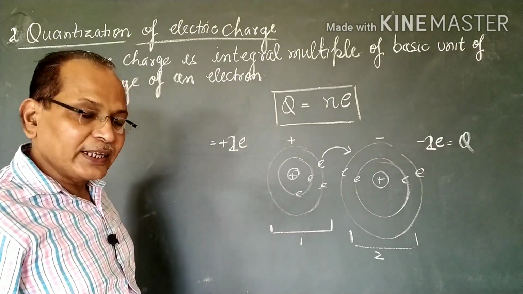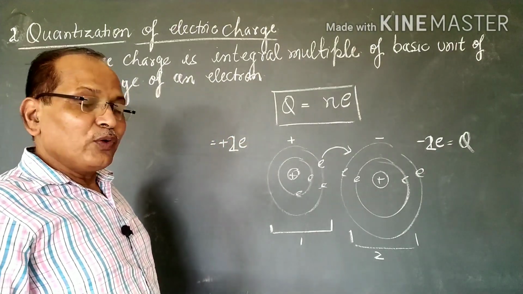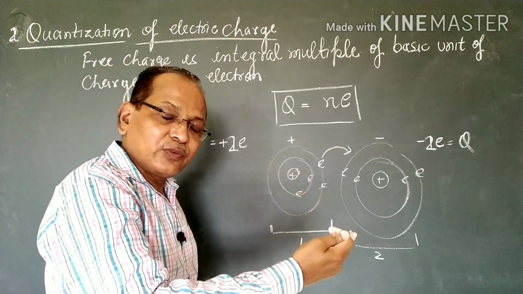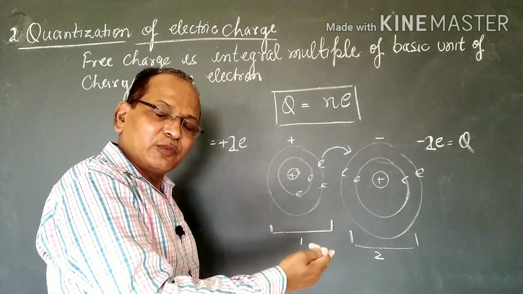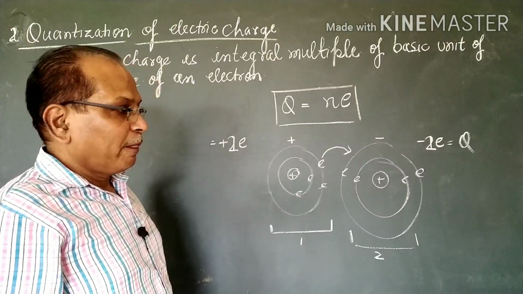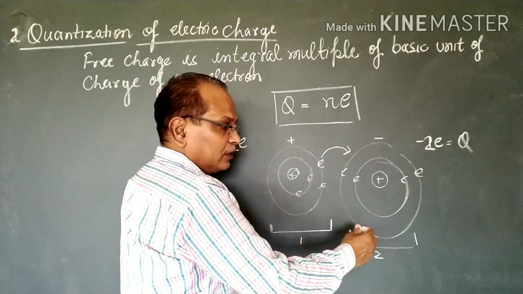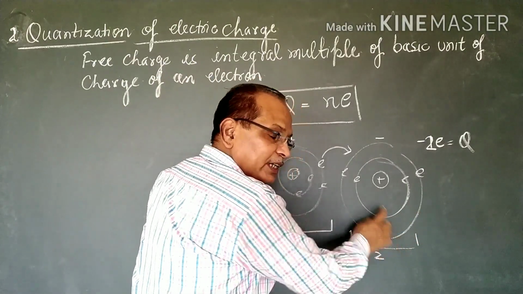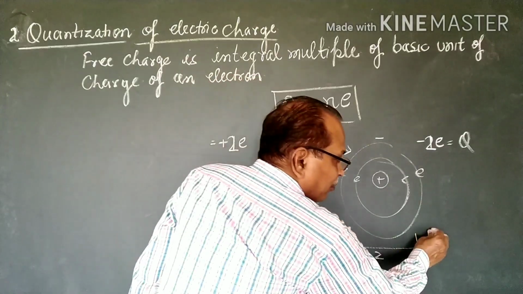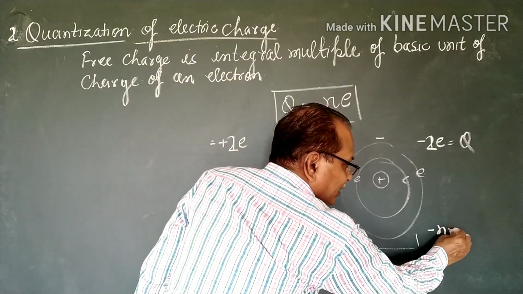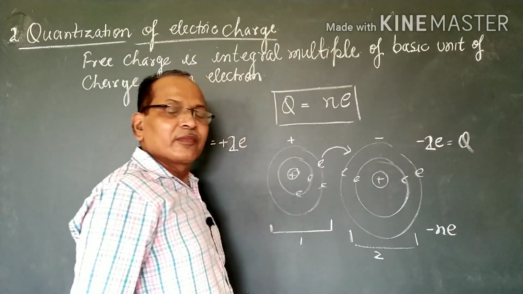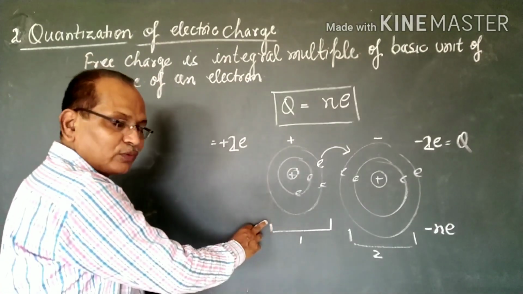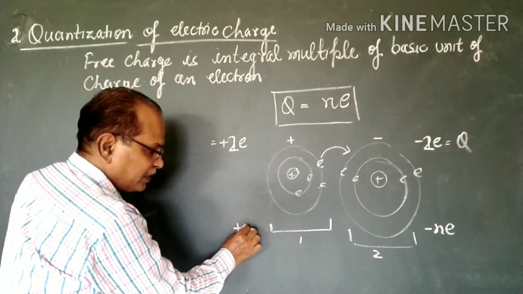So you can say, if n electrons are transferred from atom 1 to atom 2, the charge on the second atom will be minus n e and the charge on the first atom will be plus n e.